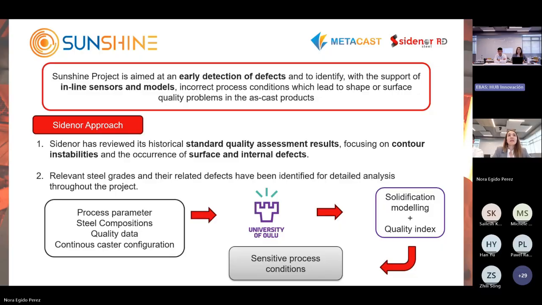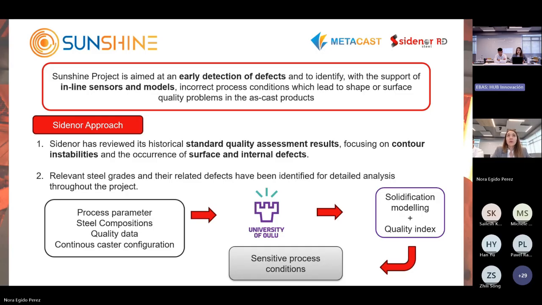So this is the project approach. And I will now explain a little bit the Sidenor use case, and the approach of how we are going to tackle this problem of early detection of defects. The first step that we have carried out during the project is that we have reviewed our historical standard quality assessment results.